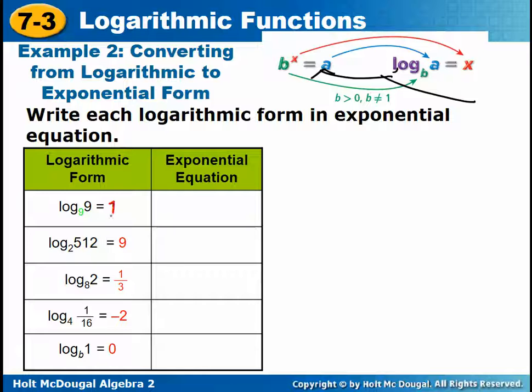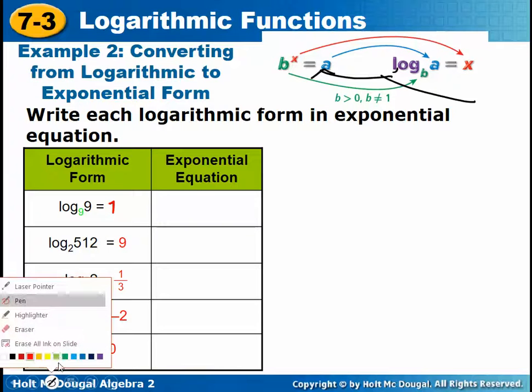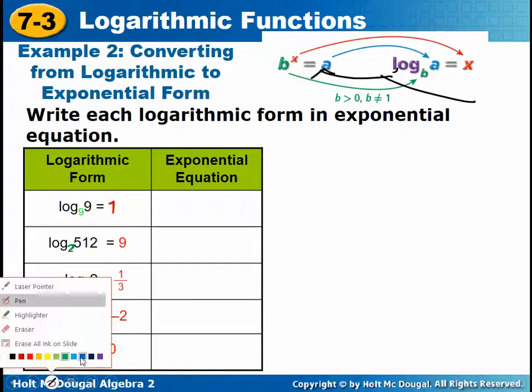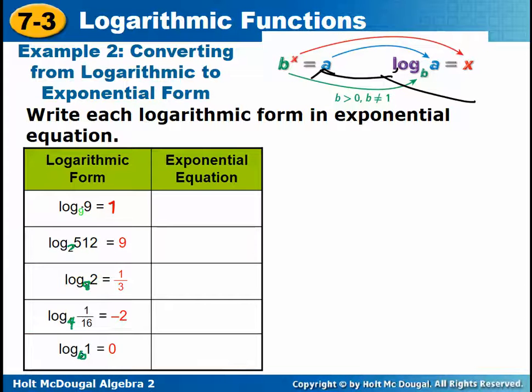All of them except one are already red. And our green is our base. So these subscripted little numbers here, these are all of our b's. This would be 8, 4, and that's b. And then our a's are what we're taking the log of. Those are the numbers here.